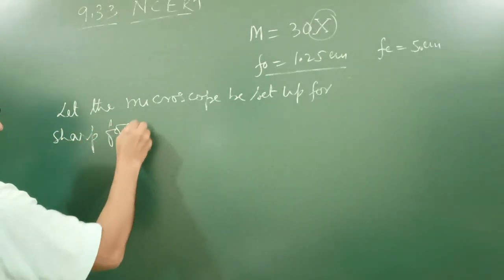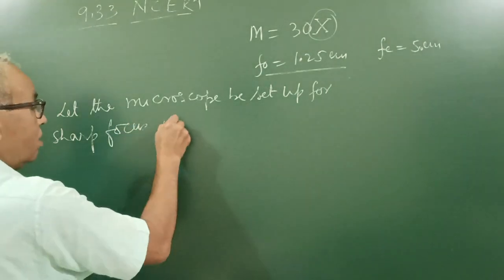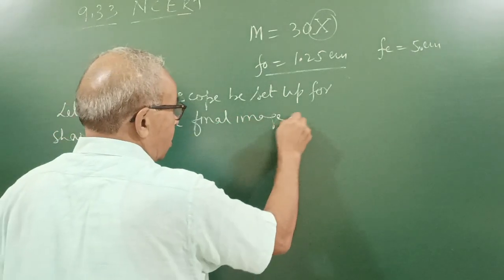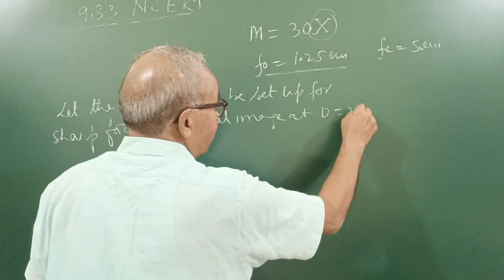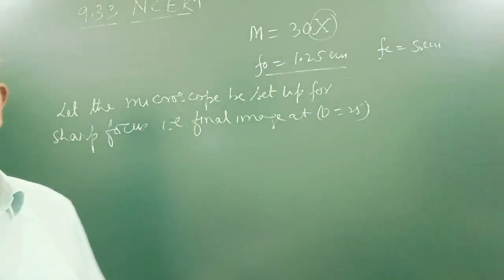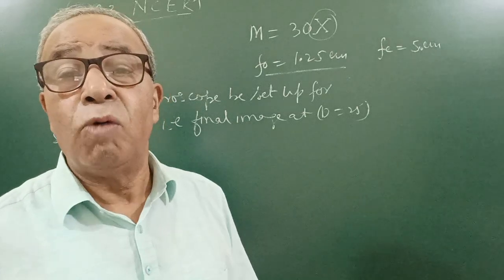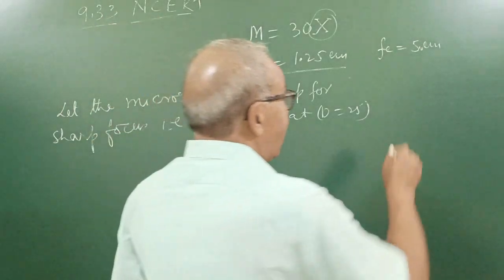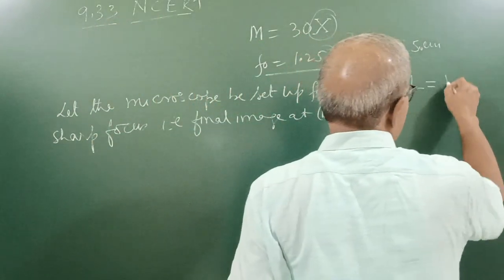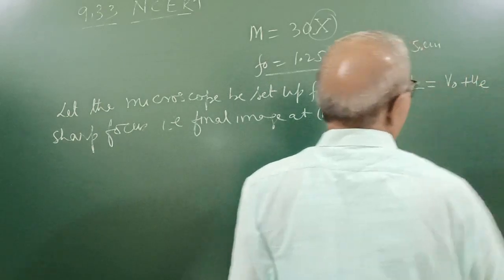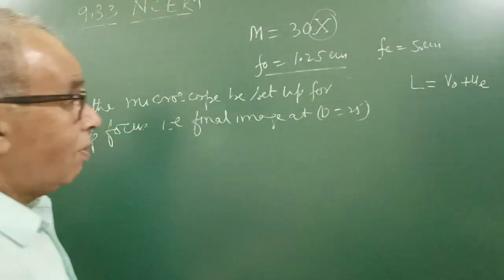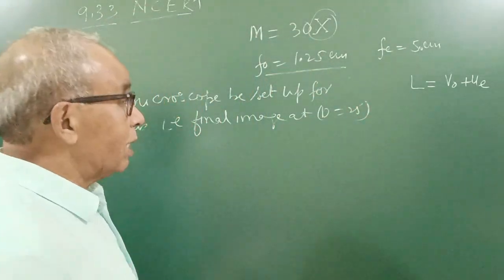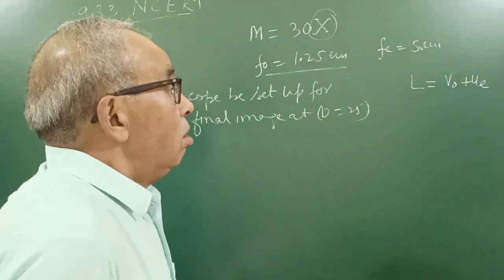Sharp focus means the final image is at D, equal to 25 centimeter. How would you set up the microscope? You are asked what the distance between the objective lens and the eye lens should be. You need L, and for the least distance it is VO plus UE. For the final image to be at D, the distance between the objective lens and eye lens is VO plus UE.